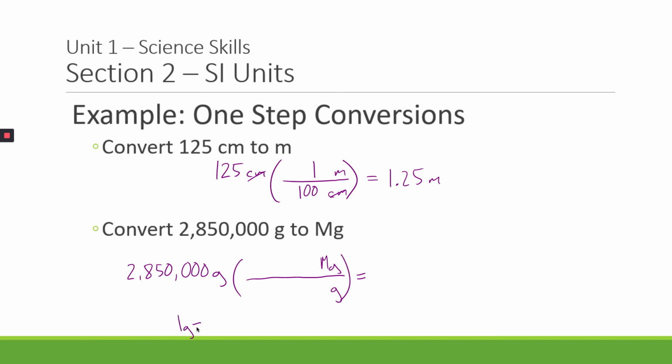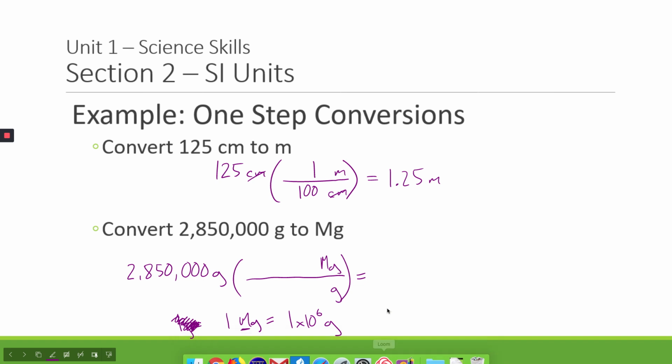So what that means is, excuse me, I did that incorrectly. 1 megagram is going to equal 1, replace the m with a times 10 to the 6 grams. All right, beautiful. So now I have my little equivalency here. Wherever my gram is, I need 1 times 10 to the 6, which is 1 and 6 zeros.